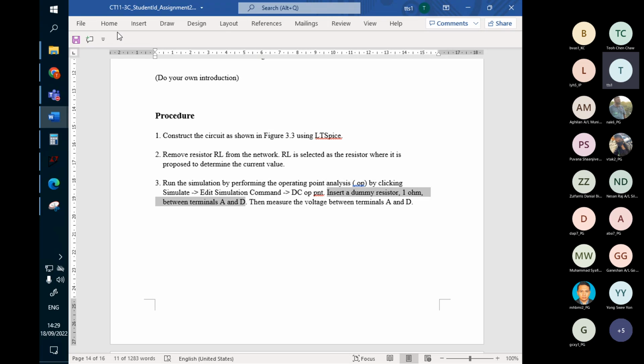Let me highlight this one by underlining. Oh, I hate this thing here. I need to solve this problem. Never mind. So let's go ahead and insert the resistor.